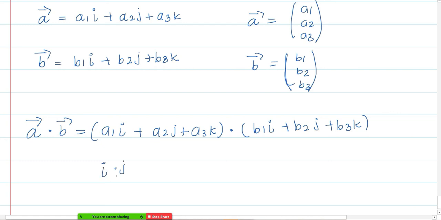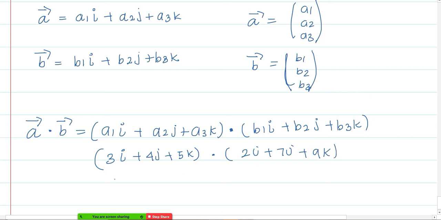So when we apply the dot product of the first vector with the second vector, I'll give an example for this. This looks like 3i plus 4j plus 5k. You can take an example like this, right? Here you can take 2i plus 7j plus 9k. What we are going to do is take this 3i and multiply it with all three terms in this, the same way you multiply here with all three terms.